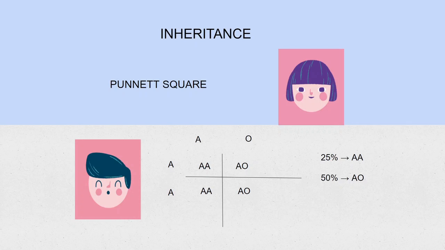If you take the father's alleles and line them up vertically and then take the mother's alleles and line them up horizontally, we can form a chart that defines the genotypes of the offspring.